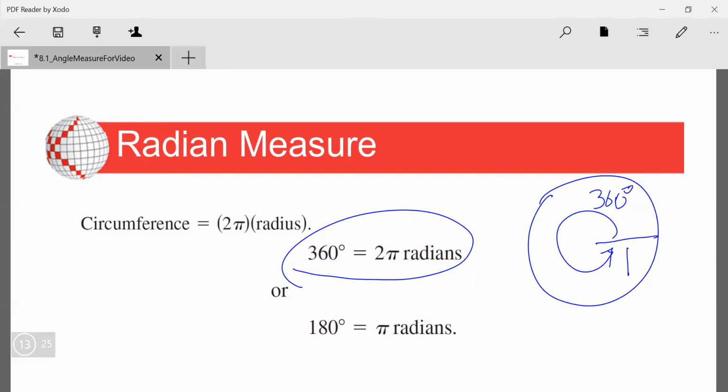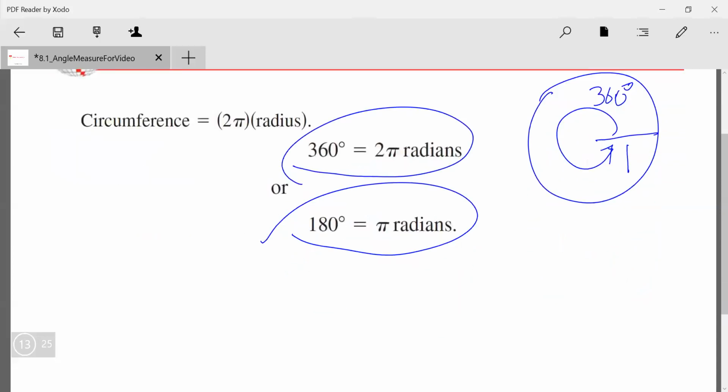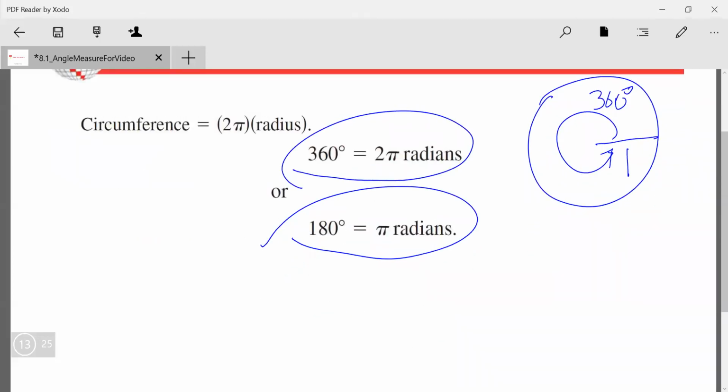If we divide both sides by 2, we get 180 degrees is the same as pi radians. So this is the basic relation. If we continue, we see that 1 degree is pi over 180 radians.